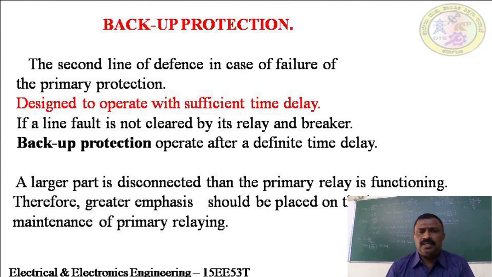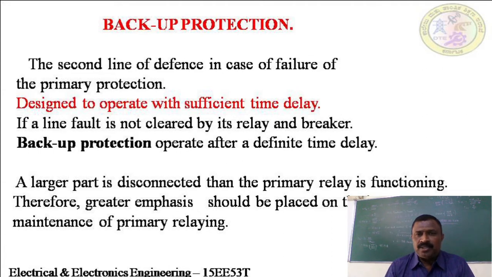So let us see what is backup protection. The backup protection is also called the second line of defense. The second line of defense will come into the picture only during the failure of primary protection, the first line of defense.